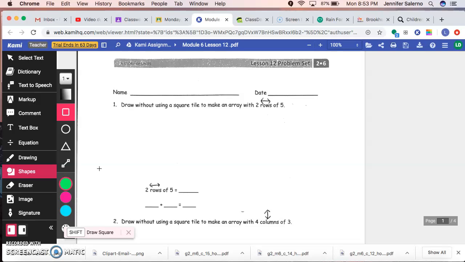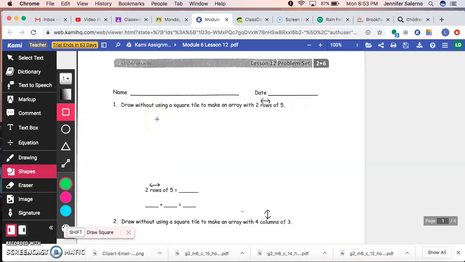Yesterday, as you all hopefully remember, you were making arrays with squares, little square tiles, right? And another big thing about yesterday was not only were we having to make them with squares, you had to make sure that there was absolutely no spacing. We said no spacing between. They had to connect one to another.